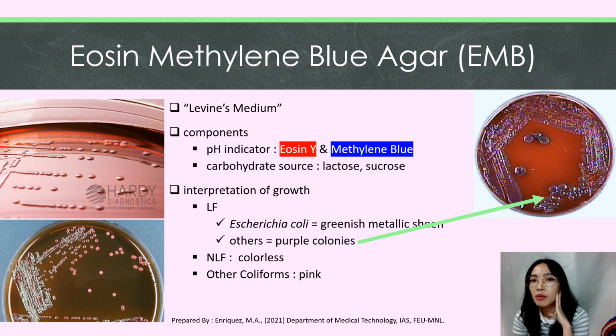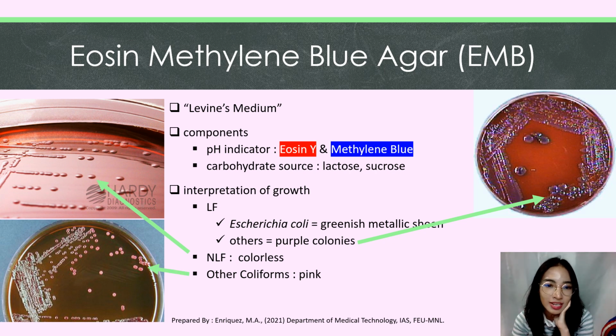This is an example of Enterobacter aerogenes on EMB. When our isolate is non-lactose fermenting, the colonies would appear colorless, just like these ones right here. And then other coliforms that belong outside of the family Enterobacteriaceae will grow pink-colored colonies as pointed right here.